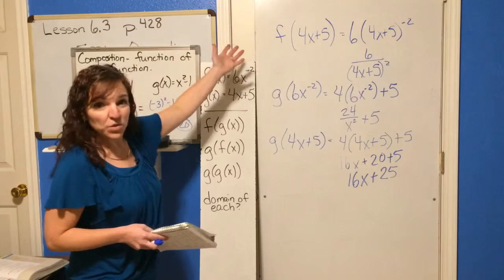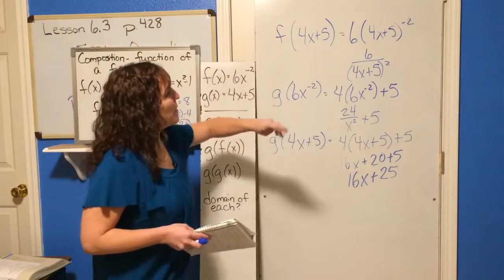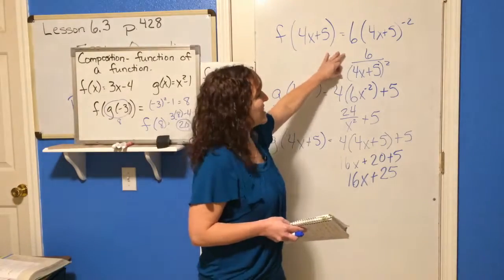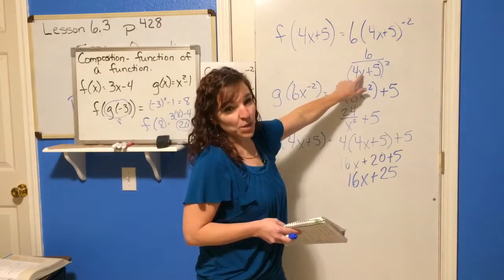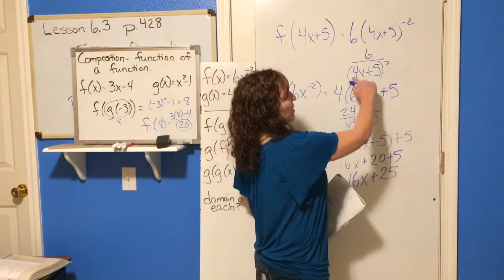They're not power functions. So these are all real numbers. All real numbers are our domain. Anything will work. And so we go to our answer then and say, oh, all real numbers except where your denominator is 0. So this denominator is 0 at negative 5/4.